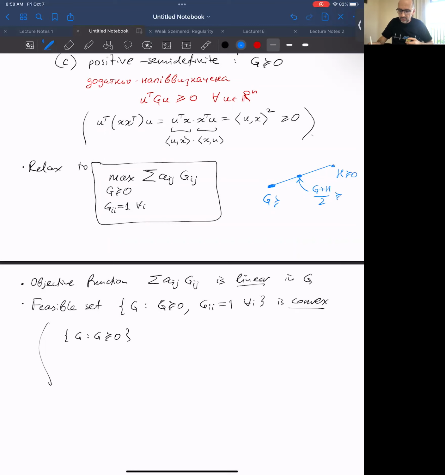Is it positive semi-definite? Sure. If this holds for G, and this holds for H, then you just add G and H, divide by 2, and it also holds for G plus H over 2. So it's almost trivial that the positive semi-definite constraint is a convex constraint.